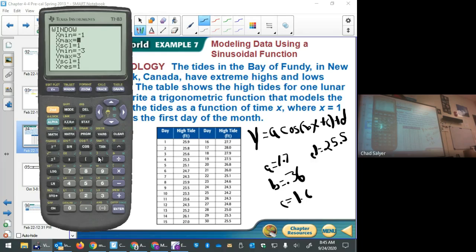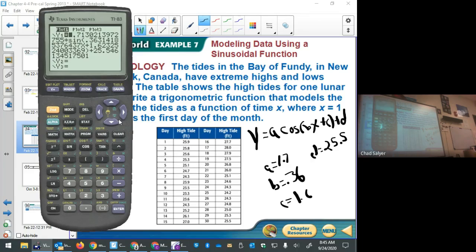Well, let's go to about 50. So that way we have way beyond the end of our data here. And the Y values stay in the 20s. So let's go from like 0 to about 35. So there's our data, and there's our function, modeling it quite well.